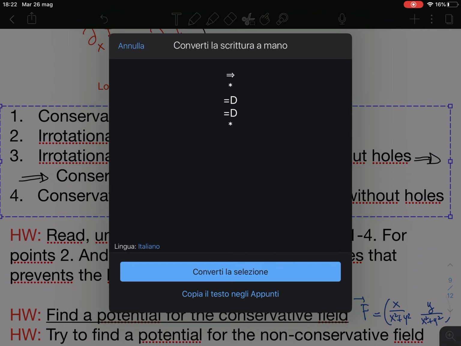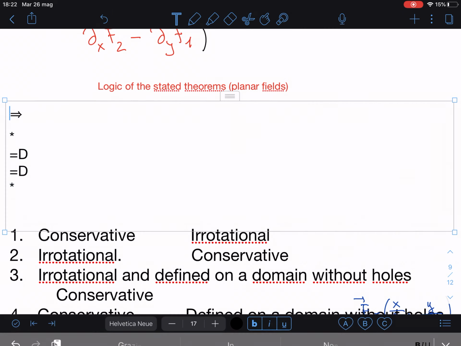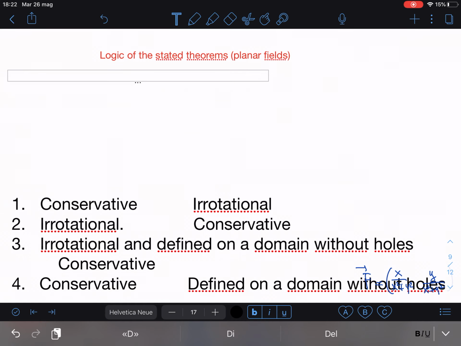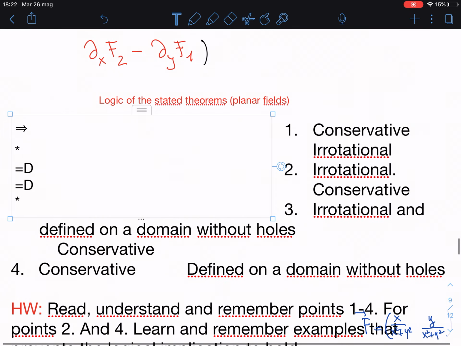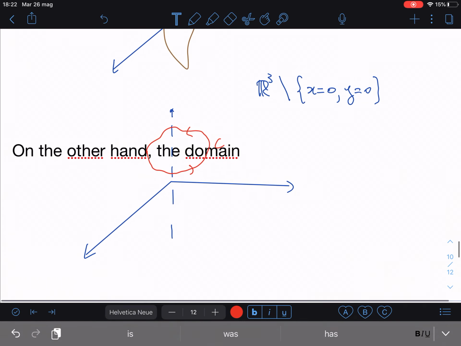Ooh, nice, but this is not what I wanted. No, everything is wrong. However, okay, I will do it by hand. Something very bad happened.